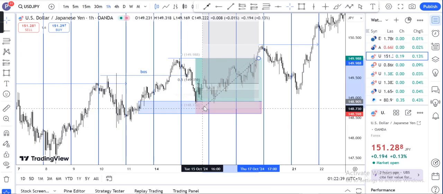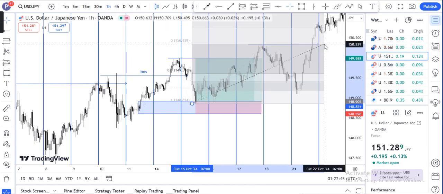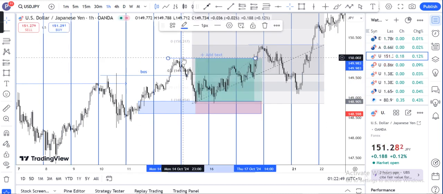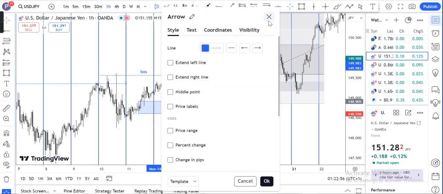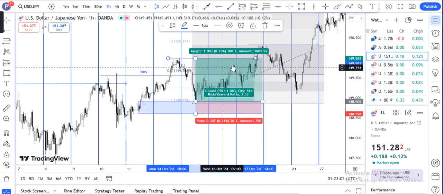Now, after market did that, we had another break of structure at this point, and market reacted neatly to it. Sorry about that. I wanted to just add the text, but you understand what I'm saying.